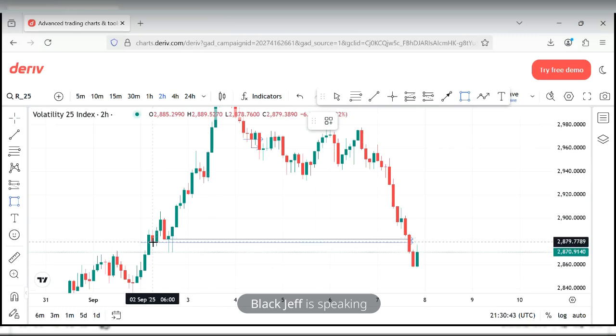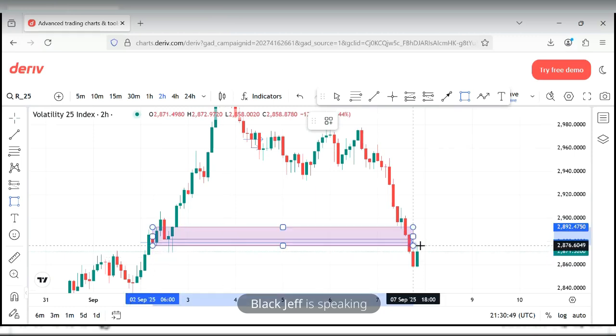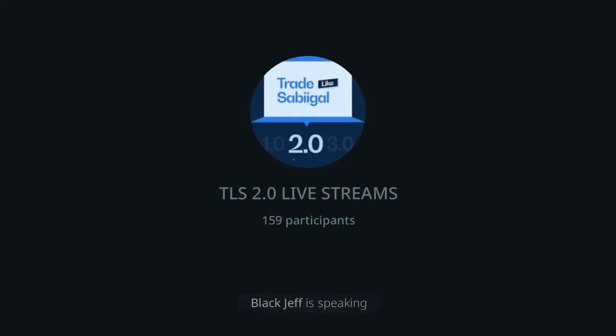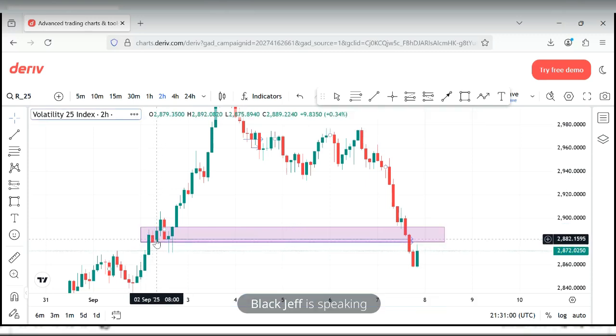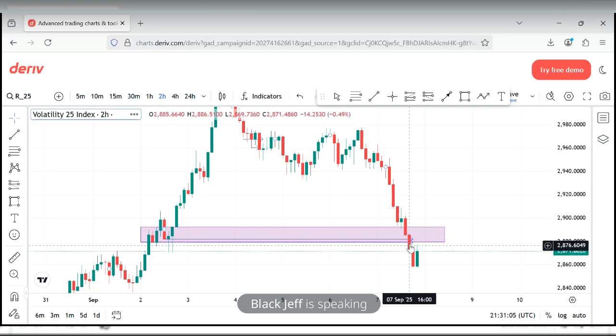So this is what I will take as my box, my POI. Although it's inside of it, this is what I'll take as my POI. This red candle and this green candle. Look, trace it down. I'll take this as my POI.